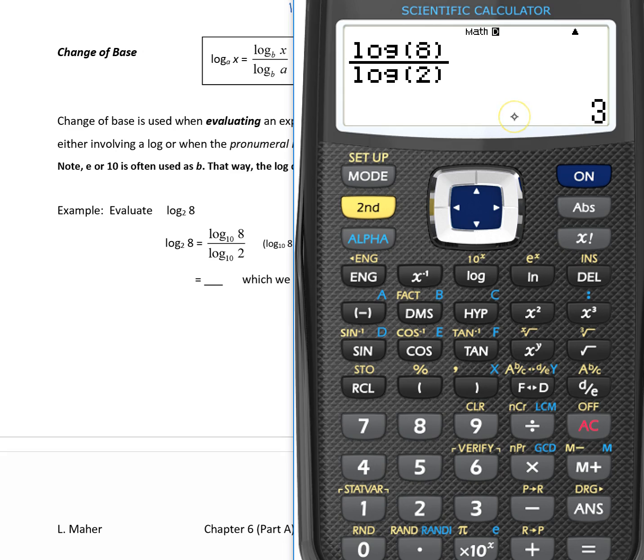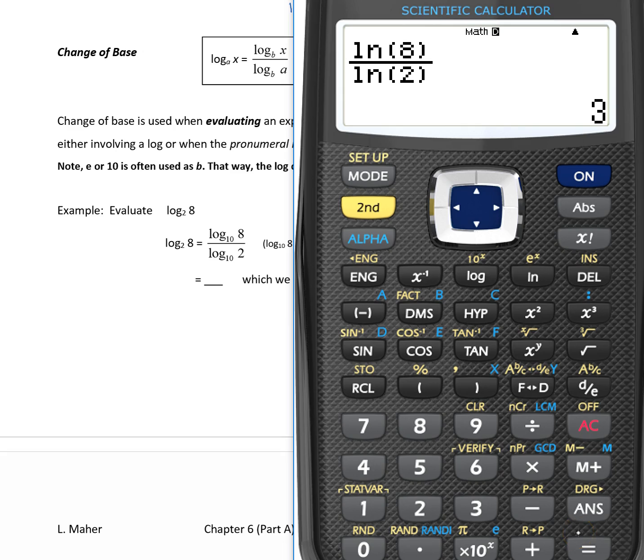So obviously, it worked, and we can see there that with change of base, my choice was log to base 10. Let me just clear that and confirm for you that we could have used ln of 8, and this time I'll make sure I close the bracket, over ln of 2, close the bracket, equals, and you get 3.